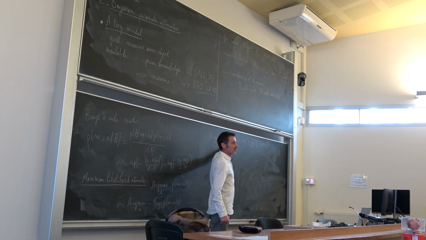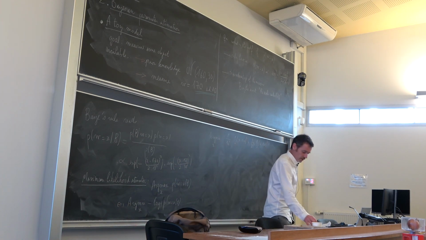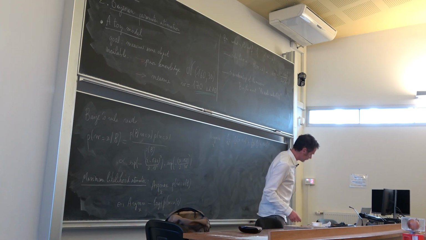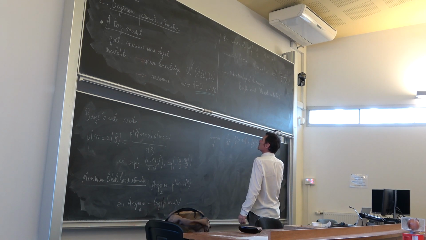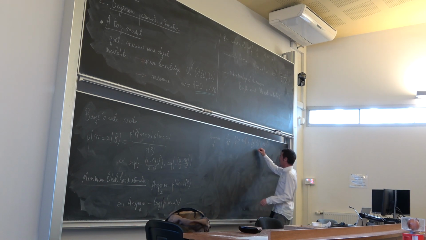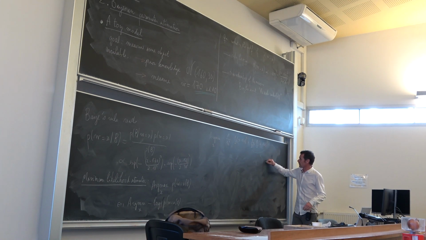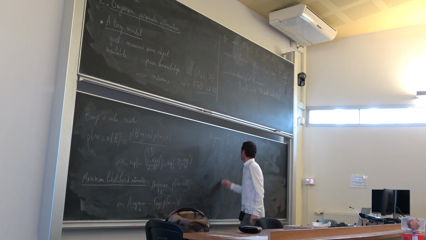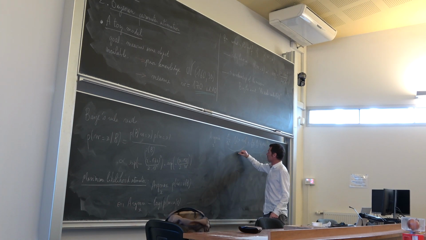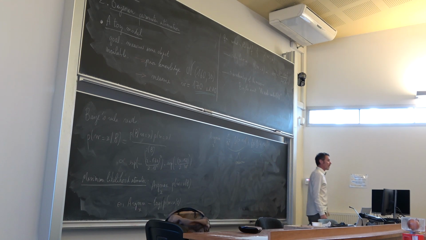I want to minimize some quantity with respect to x. Here it is a quadratic function, so it is very easy to minimize. This part comes from my prior, and this part comes from my measure.